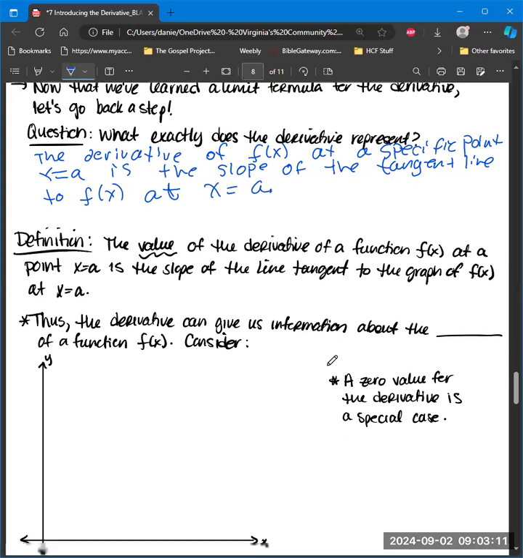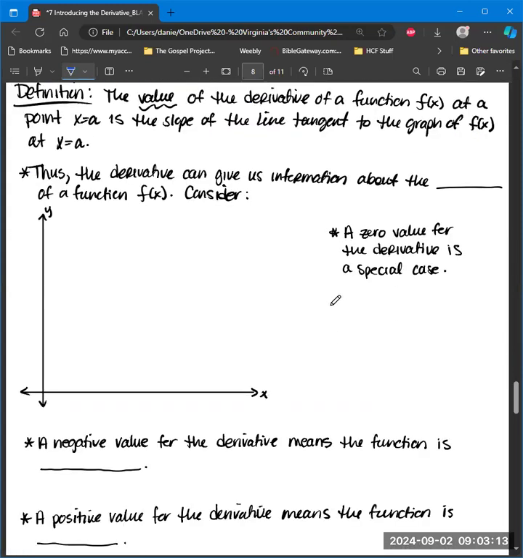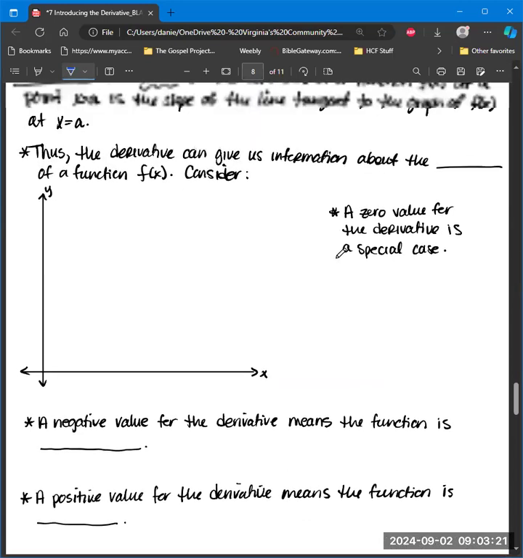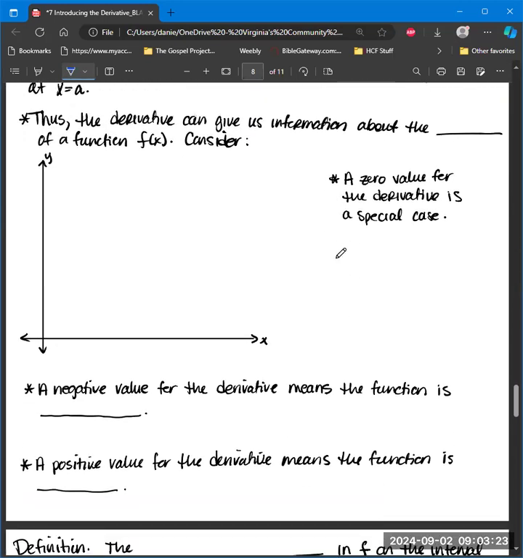So the value of the derivative of a function f of x at a point x equals a is the slope of the tangent line to the graph of f of x at x equals a. There's our definition. Thus, the derivative can give us information about the slope of a function f of x.